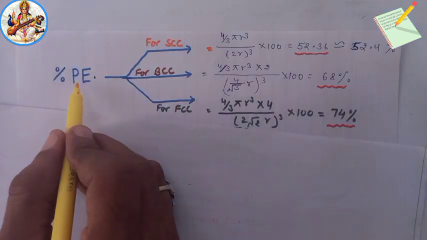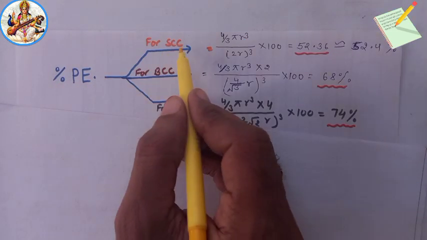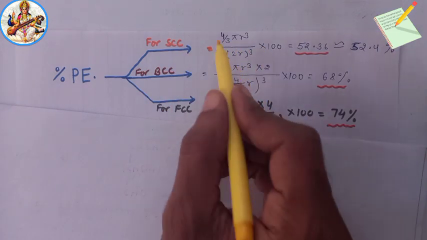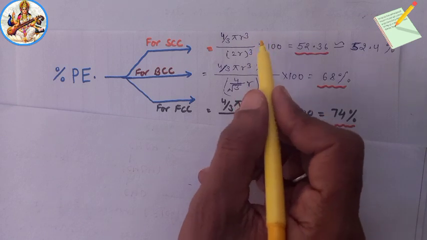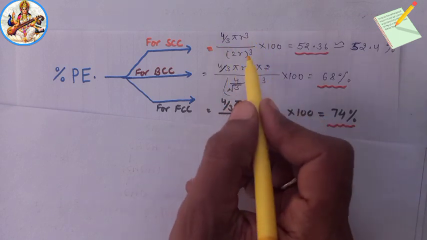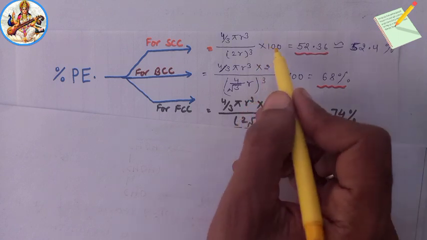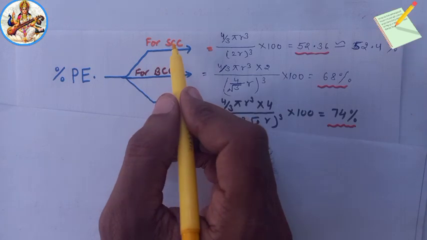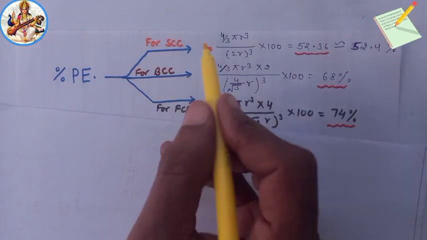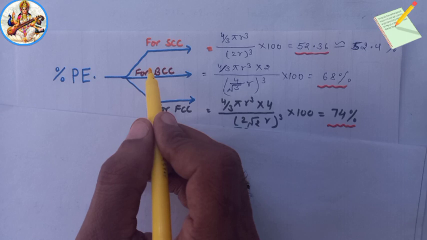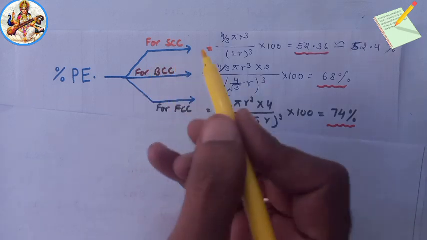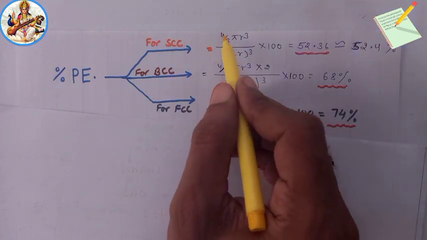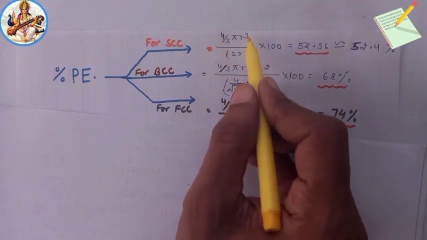Here in SCC, we know that one particle is present in a unit cell and volume of a sphere or particle is equal to 4 by 3 pi r cube.